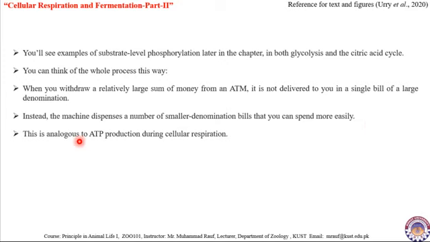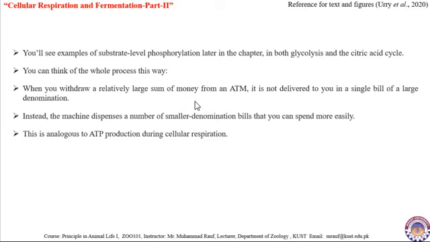This is analogous to ATP production during cellular respiration. So now they have compared this process to the ATPs produced through aerobic cellular respiration, just like when you want to draw money from an ATM.